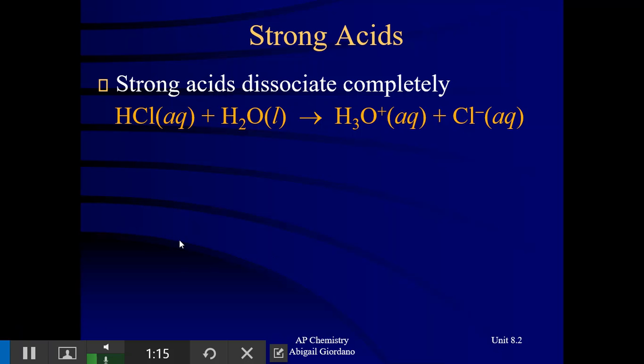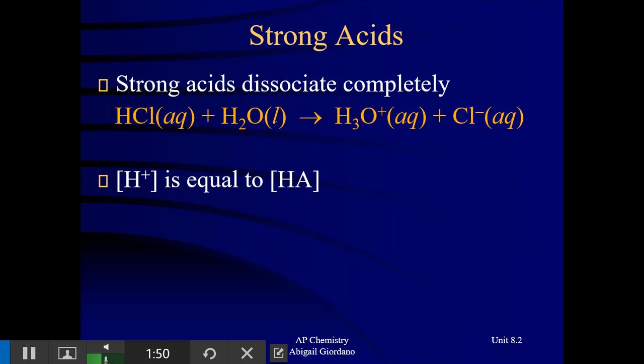Meaning at the end of the reaction, there will be very little, if any, HCl molecules. They are all going to be converted into hydronium and the chloride ion. Now, the nice thing is, when we're doing strong acid calculations, these are usually very quick calculations. The reason is, remember from our previous lesson, that what you need to determine a pH is the molarity of H+.